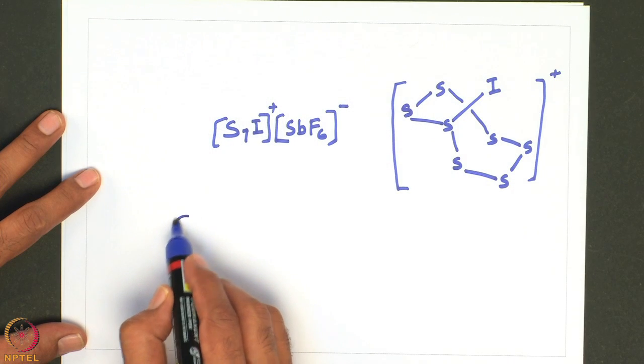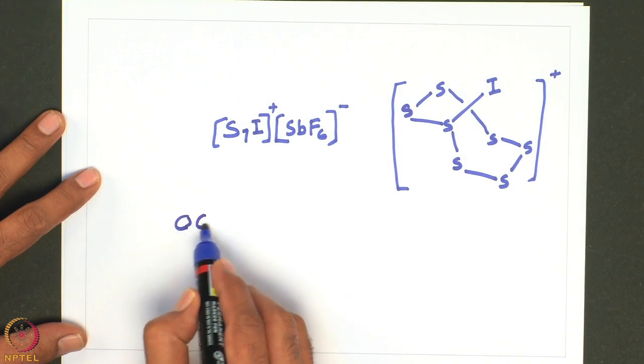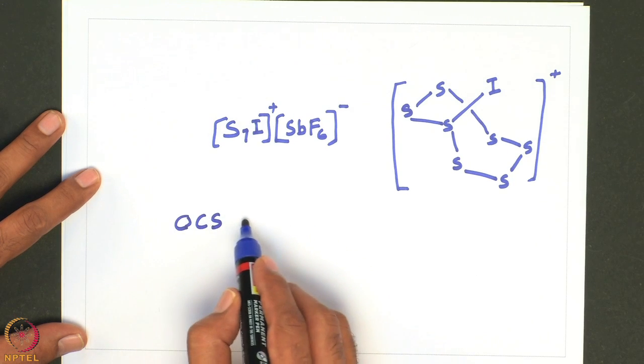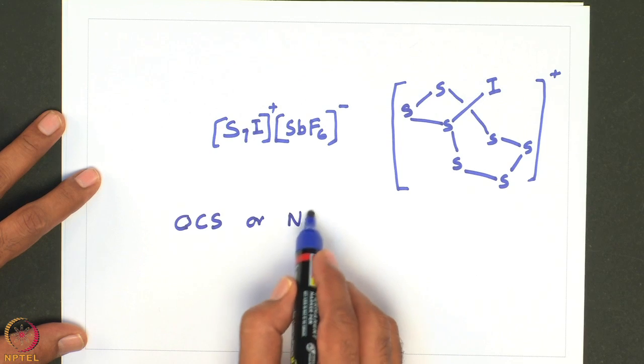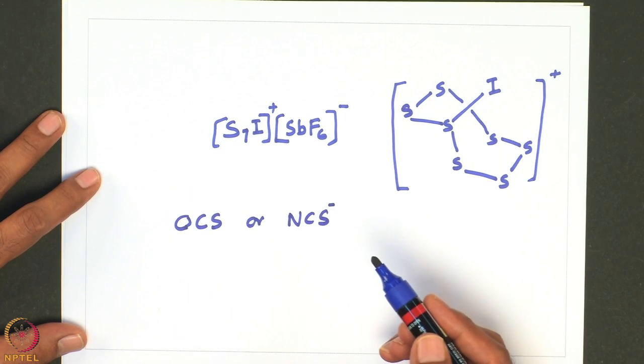The reactions of sulfur with CO or cyanide yield COS or NCS-.